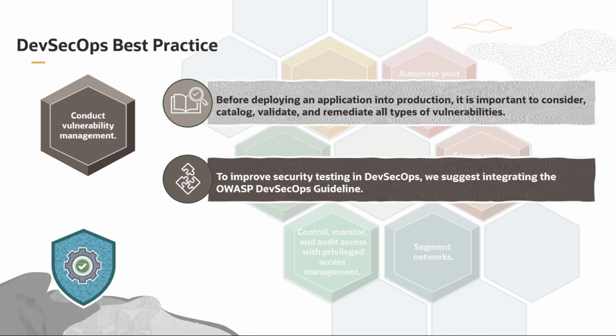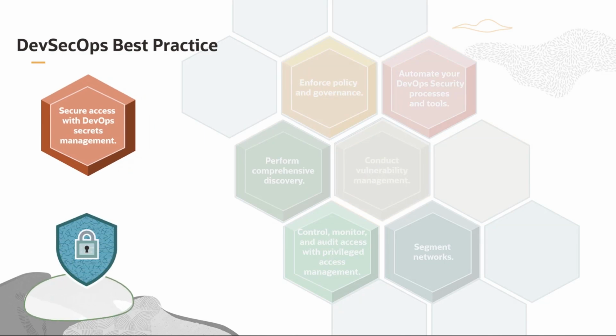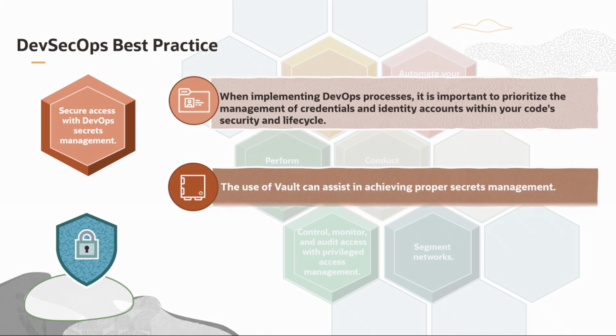This helps ensure that security is built into the application from the start and reduces the risk of security incidents in production. In a DevOps environment, managing credentials and identity accounts in code is critical to ensure secure access. Utilizing a secrets management tool like Vault can help prioritize security and effectively manage the lifecycle of secrets.